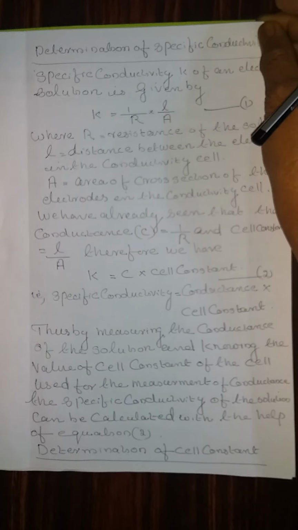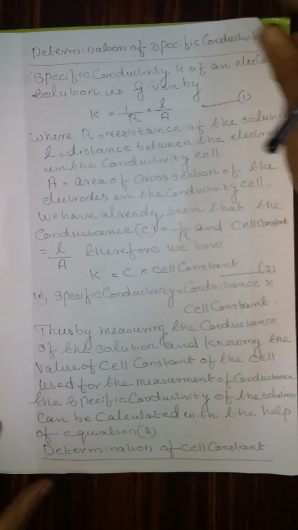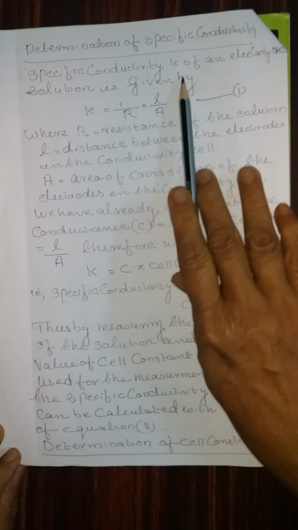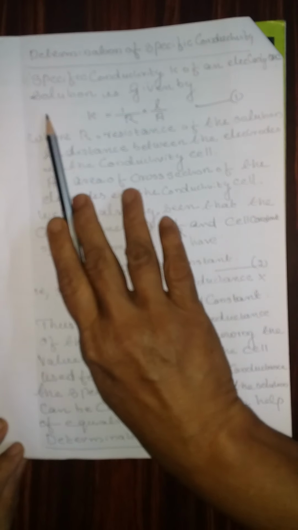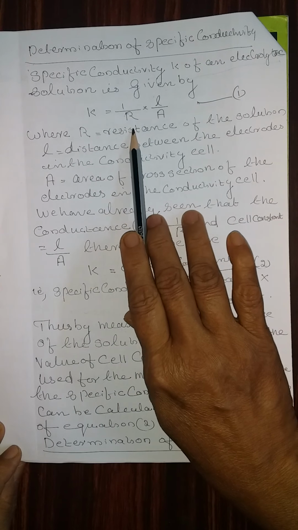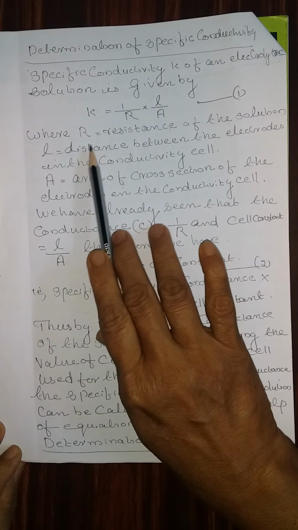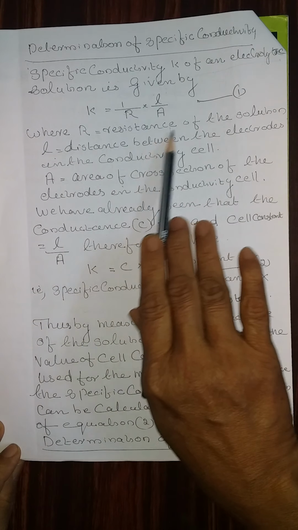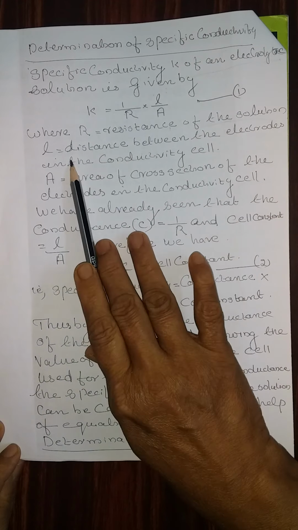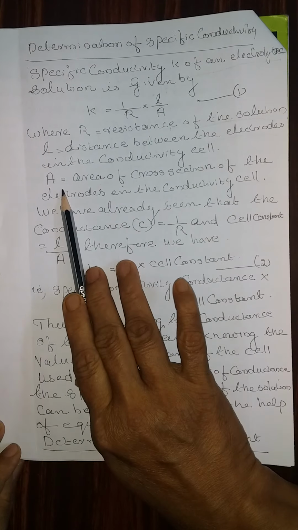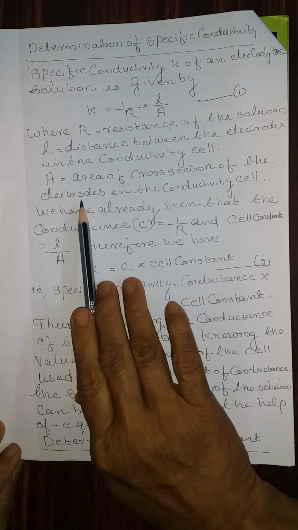Now, determination of specific conductivity. Specific conductivity kappa can also be determined. Specific conductivity kappa of an electrolytic solution is given by kappa is equal to 1 by R into l by A, an equation we already derived, where R is the resistance of the solution, l is the distance between the electrodes in the conductivity cell, and A is the area of cross section of the electrodes.